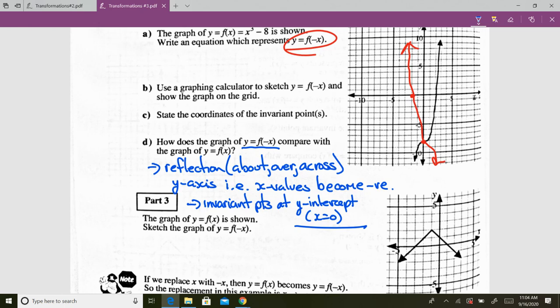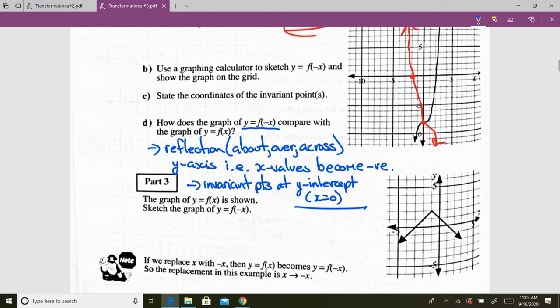How's that? Is that okay? So if the negative is outside, you change all the y values. If it's inside of the x, it's just like screaming at you to say, change all the x values to negatives. If there's already negatives, they become positive. Is that okay? Going once, going twice? Boom. All right.